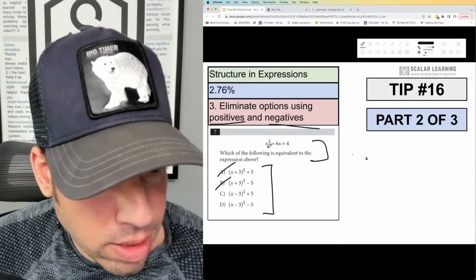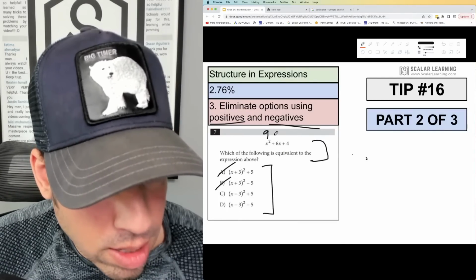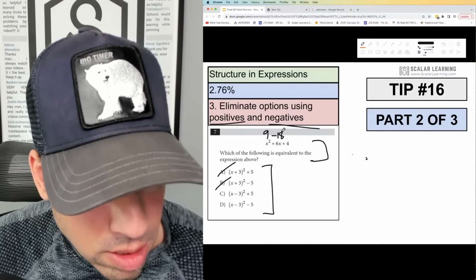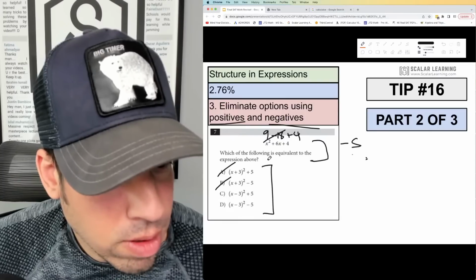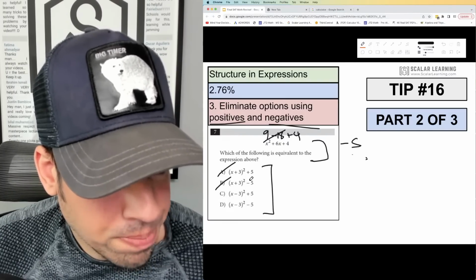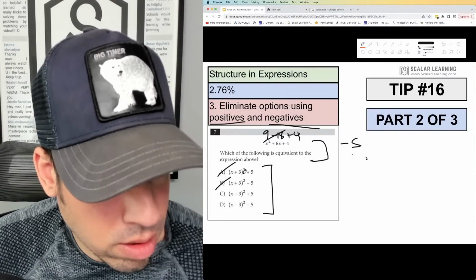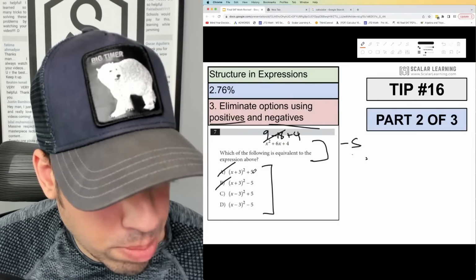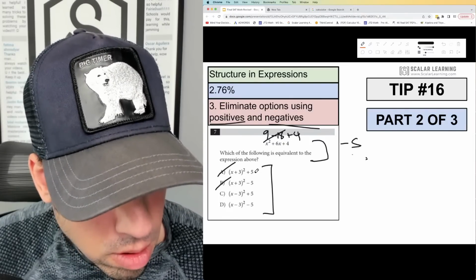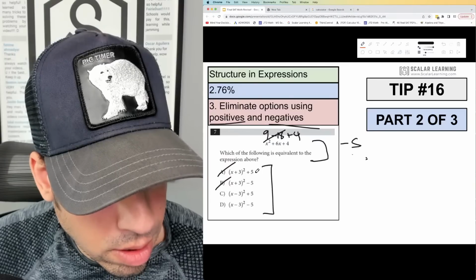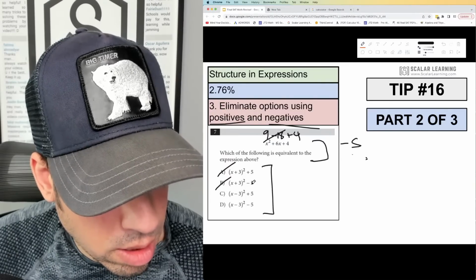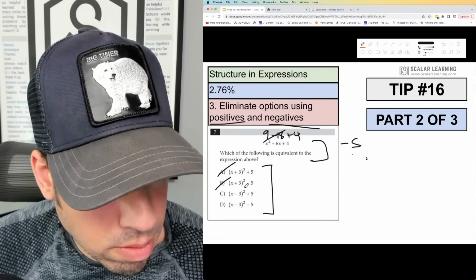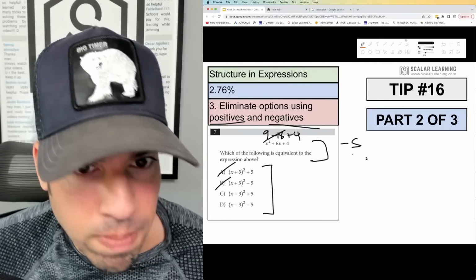So you plug in negative 3 up here. That would be 9. Negative 3 times that is negative 18, plus 4. That's negative 9 plus 4 is negative 5. So plugging in negative 3, that would be positive 5. So then I eliminated this one.